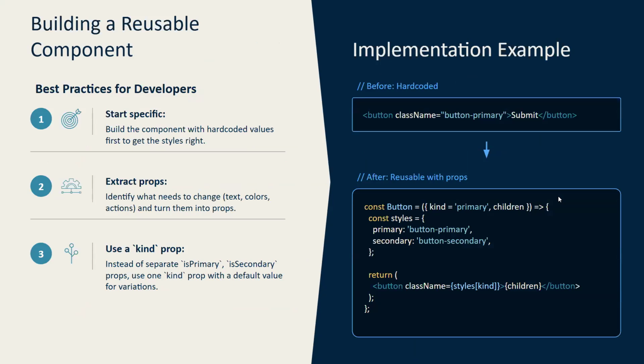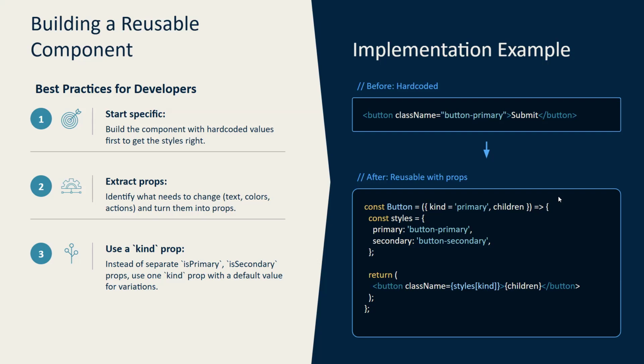Let's go over a practical way to build a reusable component. The first step would be to start specific. It is completely fine to begin with hard coded values first, just so we can get an idea of the structure and the styling right as well. Once the component works, take a look at what needs to change.